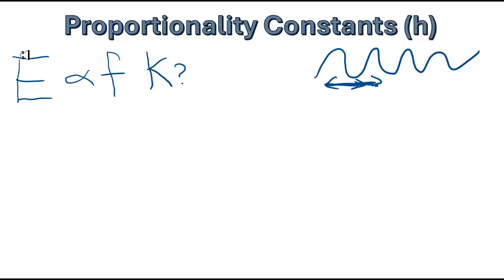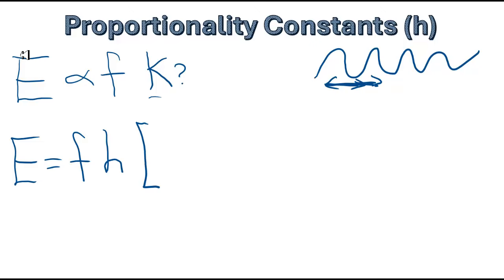And so once K is calibrated, we can write an exact equation where energy is equal to frequency times Planck's constant. Now we're going to write the units of frequency, and this is where I need to apply modified unit analysis, and I'll explain why.